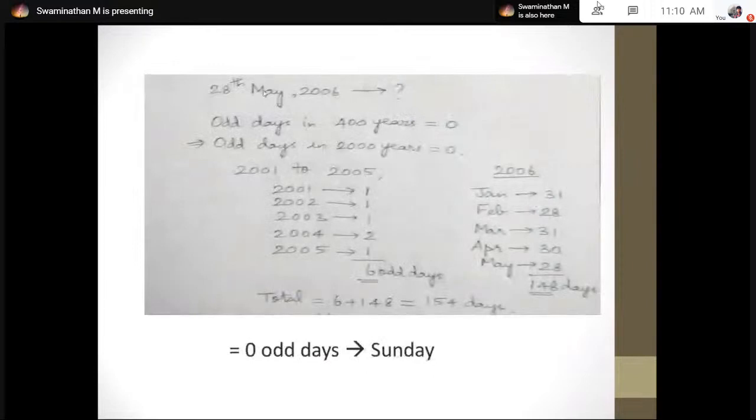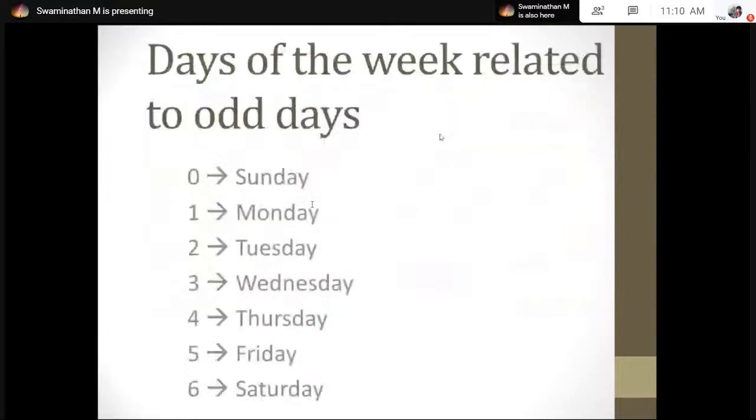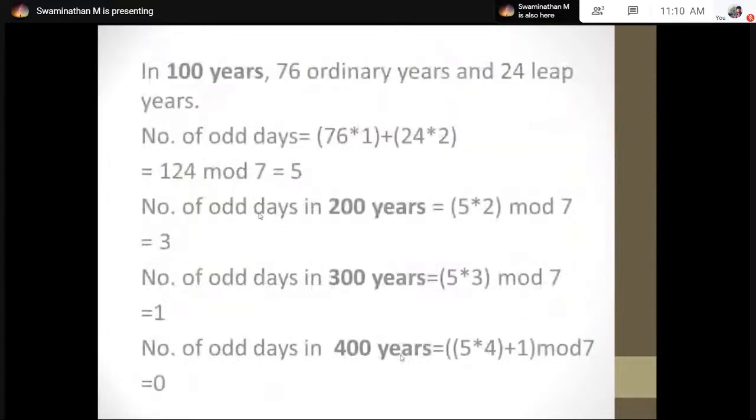Okay, I'm going for the solution. 28th May 2006, you are supposed to find the day. So odd days in 400 years is 0. I have shown it here. So multiples of those 400 years will also be 0. If the number of odd days in 400 years is 0, the next 400 will also be 0.